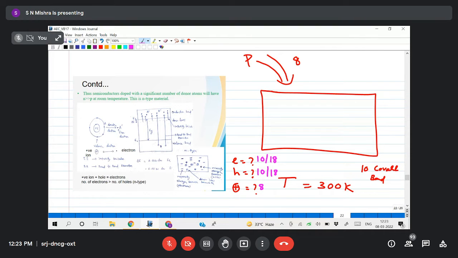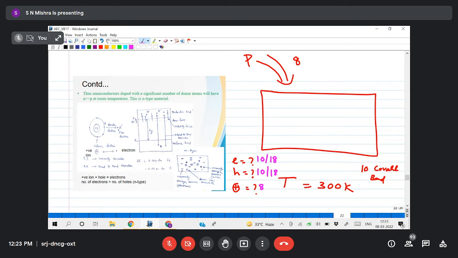Who told this one? Can you explain? So because there is always an opposite motion between electron and holes. When the electron goes to another position, the hole takes its place. That's why. What I explained yesterday and today, regarding that only I am asking.